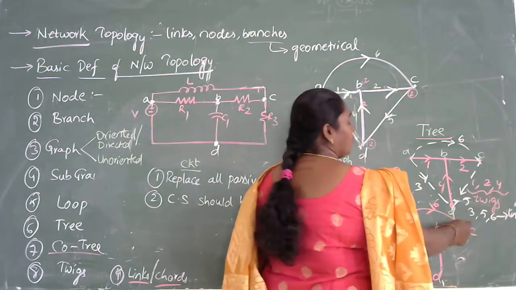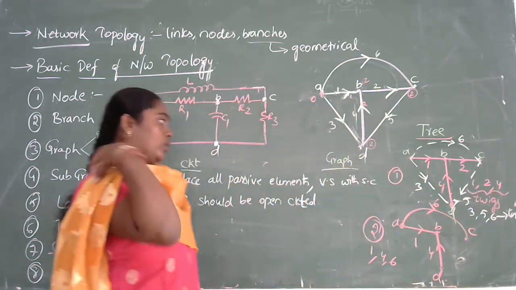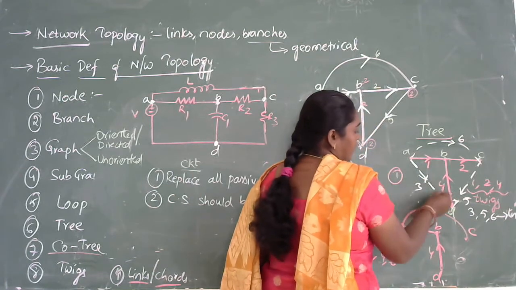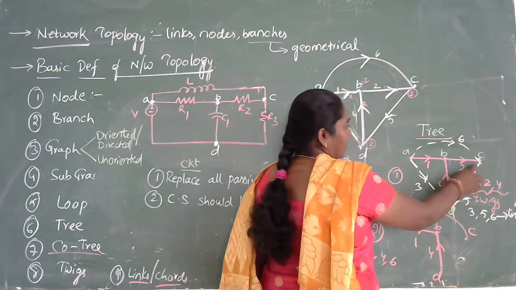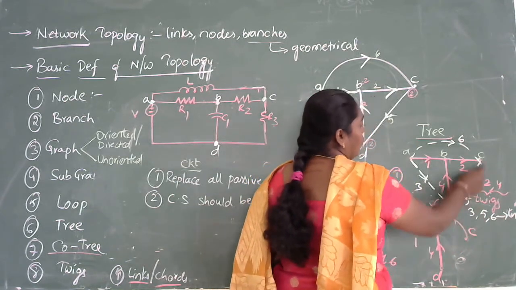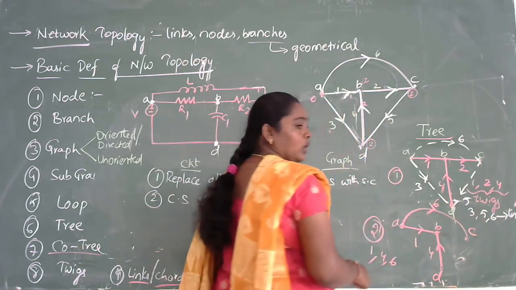The set of links is called the co-tree. All these links are represented with a dotted line. A group of links is called a co-tree.